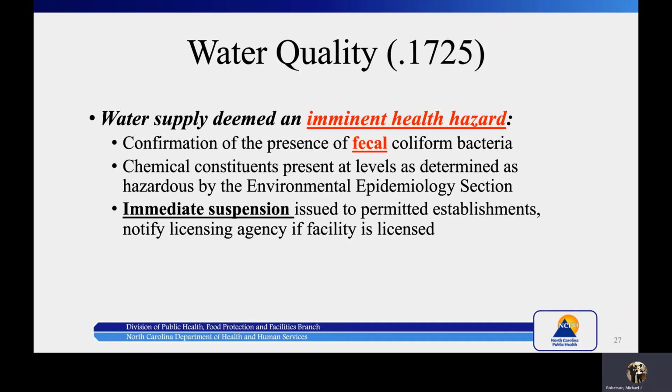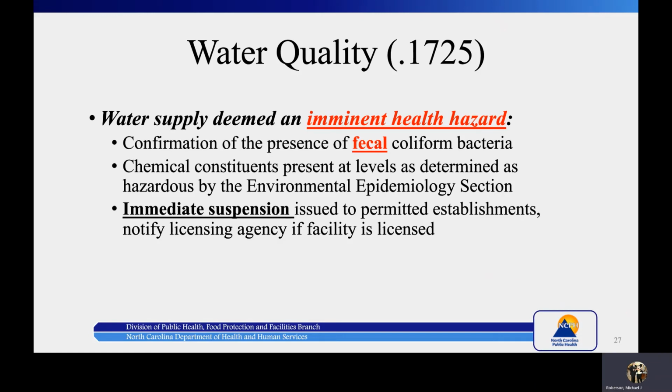So we're going to issue an immediate suspension for that to our permitted establishments. And if it is a licensing agency, if it's a facility that is licensed by another agency such as DHSR or Child Development or somewhere like that, then we're going to make sure that we are notifying them to let them know what's going on, okay?